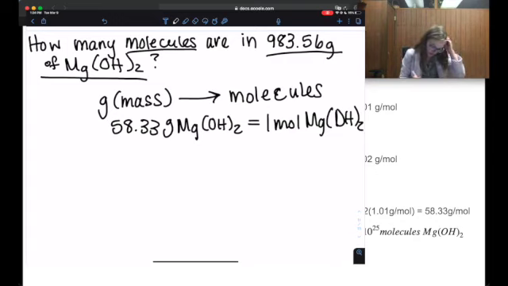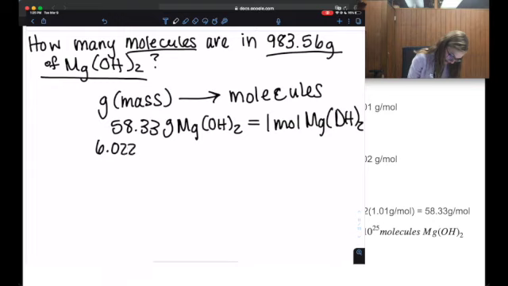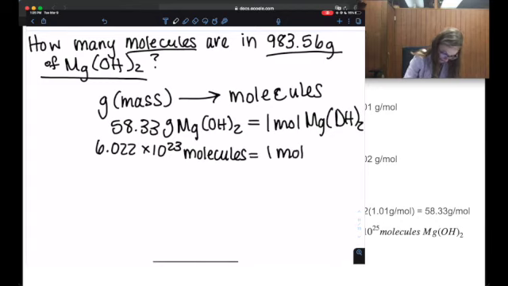But my formula mass for magnesium hydroxide is 58.33 grams for every 1 mole. Okay? And then I also know that there are 6.022 times 10 to the 23rd molecules in every mole. Okay? So I've got a relationship between grams and moles. I've got a relationship between moles and molecules. I think I can get to the end. Let's see if we're right.